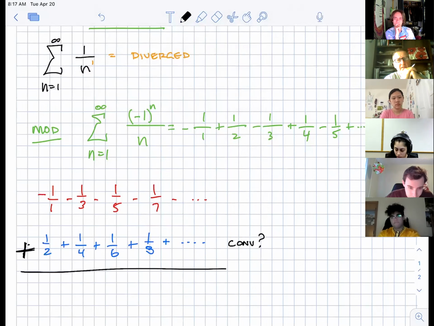Before it was 1/1 plus 1/2 plus 1/3 plus 1/4 plus 1/5, and now half of them are gone. So maybe this now adds up to something. Do you think that even harmonic series, I'm making my own terminology up here, would converge now because half the terms are gone? Anybody have any thoughts on that?